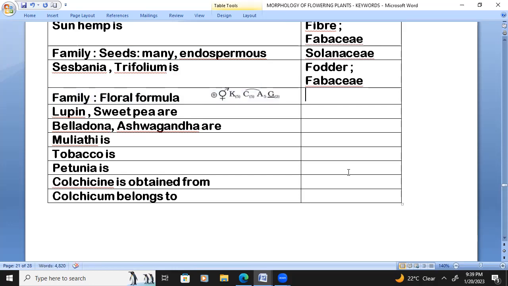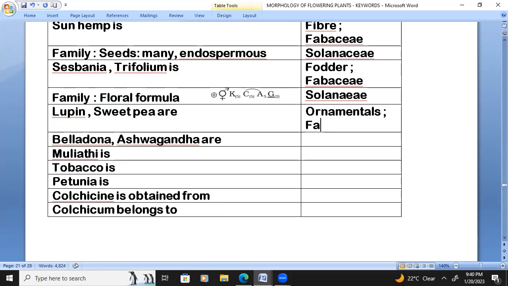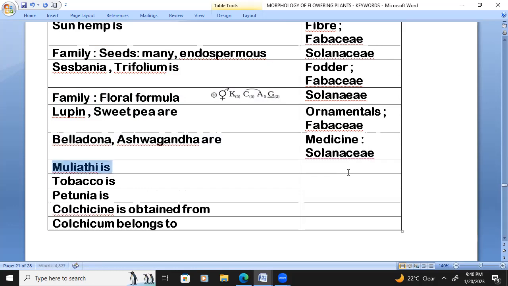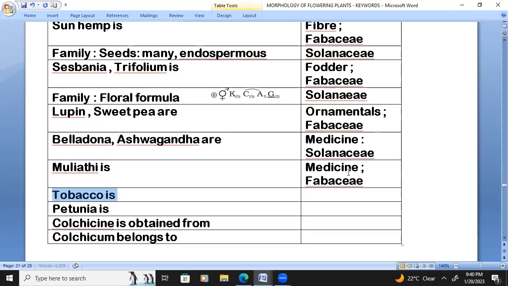The given floral formula belongs to Solanaceae. Lupin and sweet pea are ornamentals, they belong to Fabaceae. Belladonna and ashwagandha are medicine, Solanaceae. Mulethi is medicine, Fabaceae.